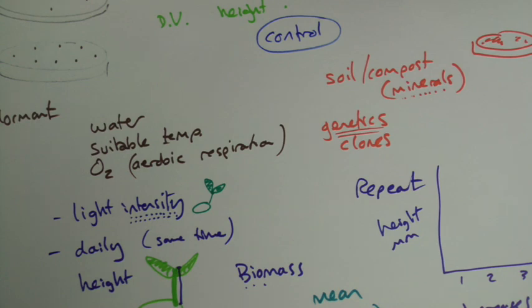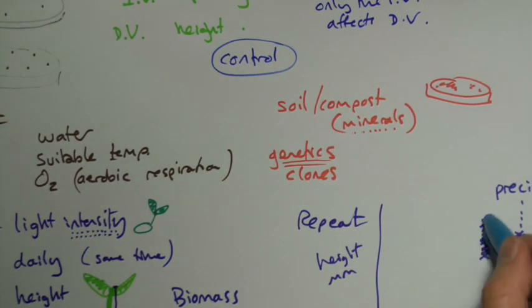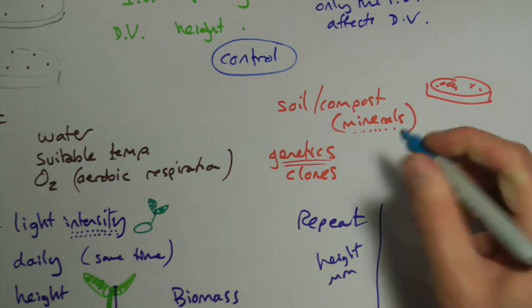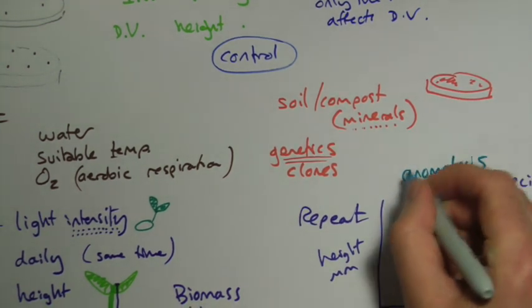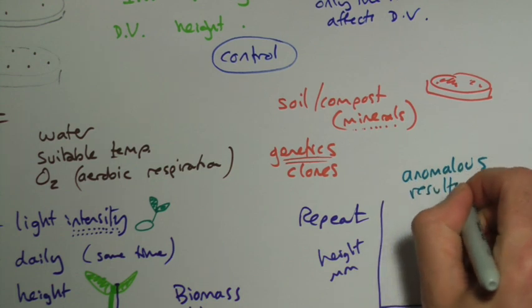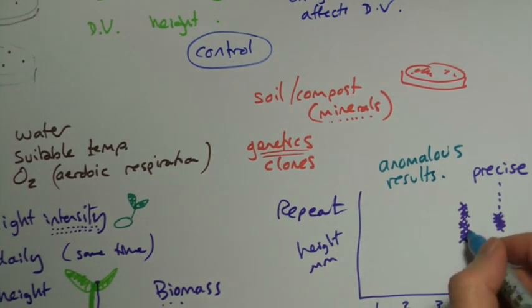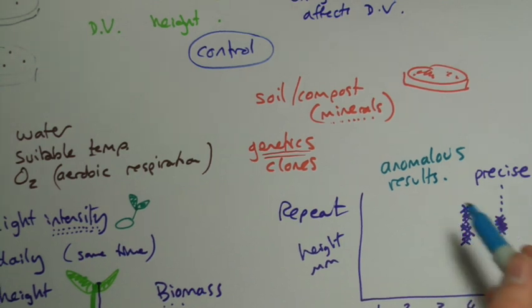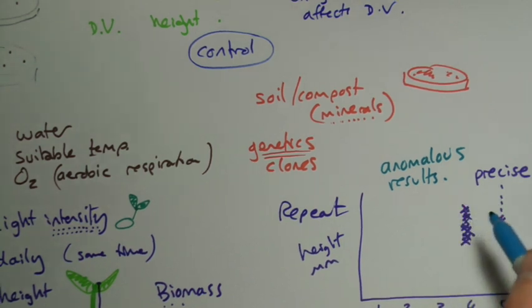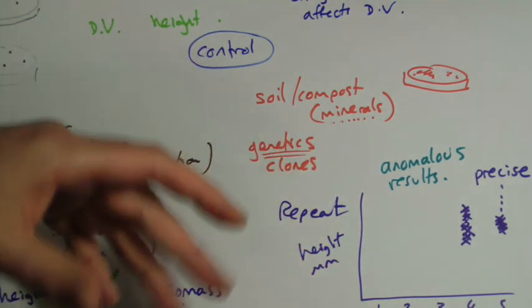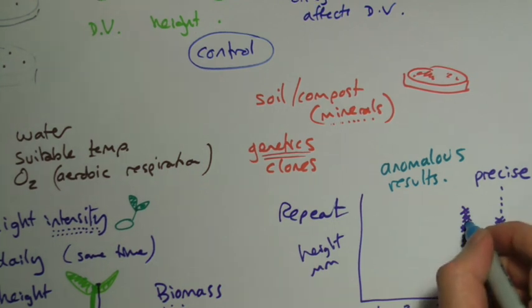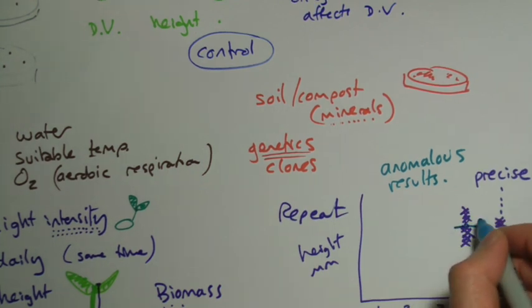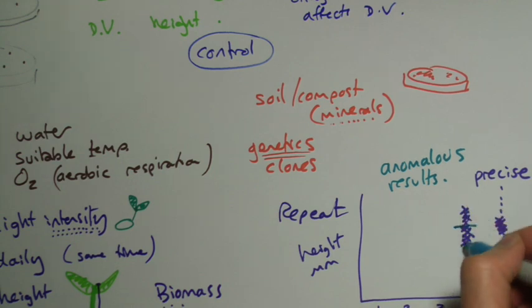What this does is it tends to remove a little bit the effects of anomalous results. And that's pretty useful because I'm always going to get anomalous results. They're going to turn up. We can't control everything perfectly. Maybe I've got a weird seed that grows bigger or whatever it is. Getting a mean average in here somewhere helps reduce the effects of those anomalous results.